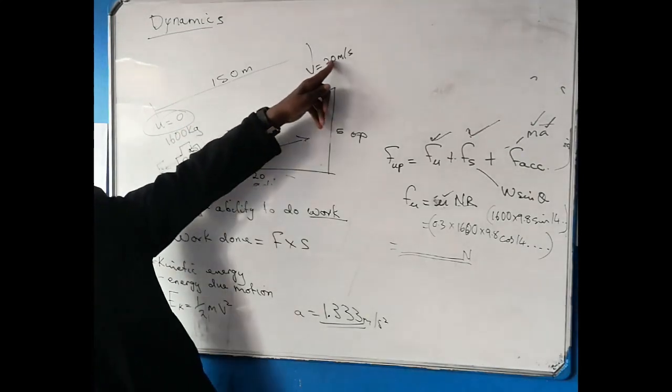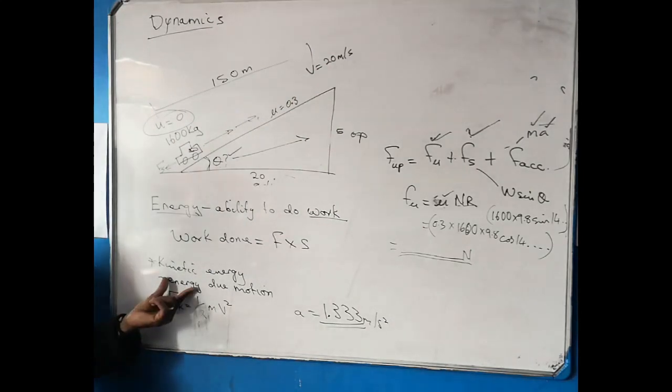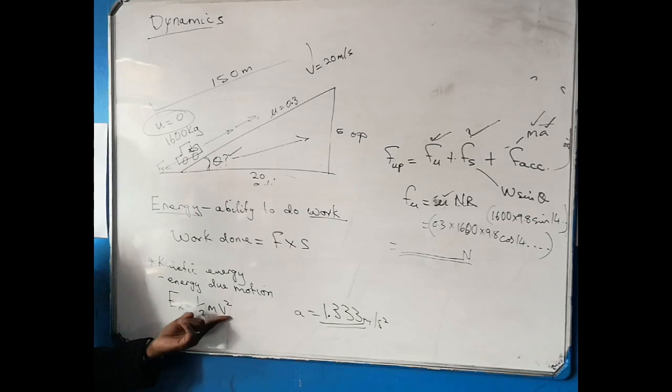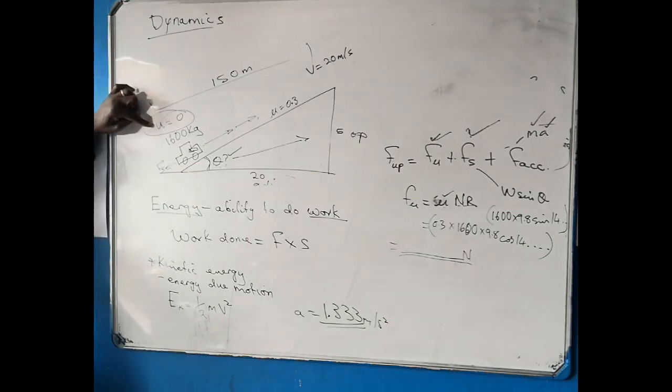When the object reaches 20, the kinetic energy also increases. The kinetic energy depends on the movement of the vehicle or the object. If the velocity is 0, then kinetic energy is 0. There is no movement.